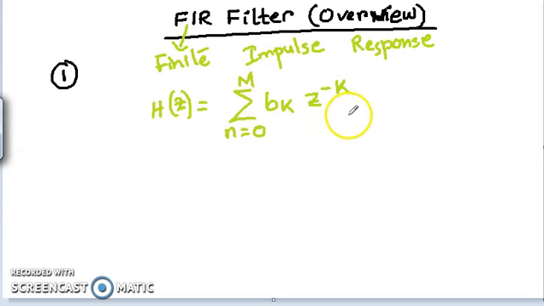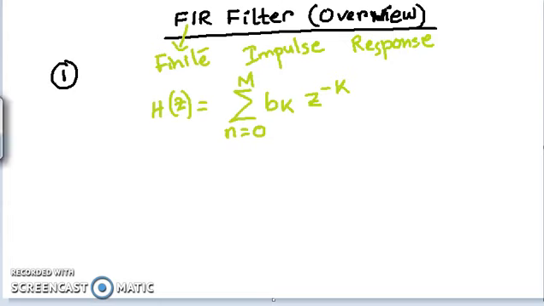Now as only the zeros are present, the design technique of FIR filter is using optimization. That is, there is no direct formula available. You have to start from scratch. And what generally we do for designing of FIR filter, we go for frequency response.